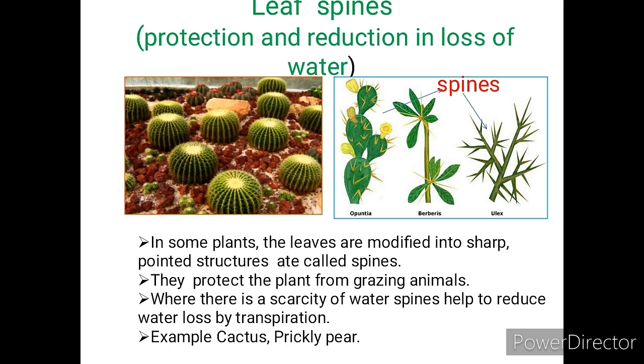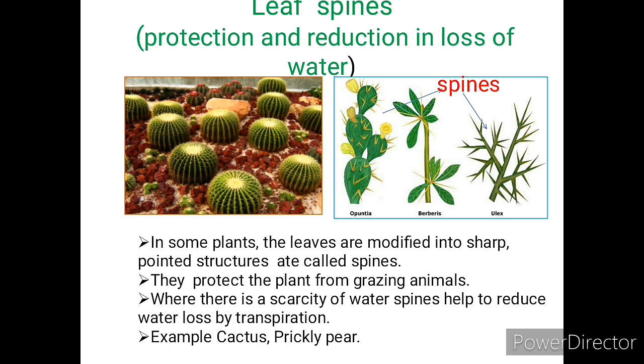Spines are hard, needle-like structures, and these spines protect the plant from grazing animals. In this picture, you can see the spines. They are sharp and needle-like. Hence, the grazing animals cannot feed on this type of plant.